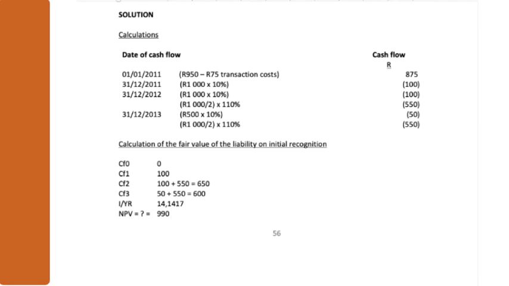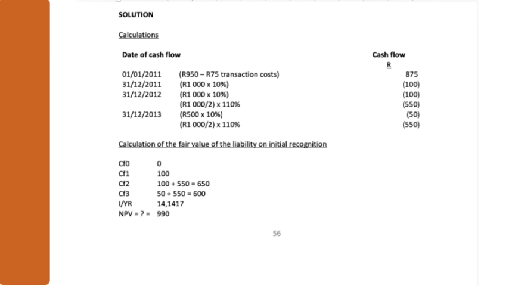So if we look at our calculations of the cash flow, the first cash flow happens on day 1, 1 January 2011. We issue the debenture at 95%, so there's a cash inflow of 950 Rand. We also pay transaction costs to our broker, so there's a cash outflow of 75 Rand, which means there's a net cash flow of 875 Rand.